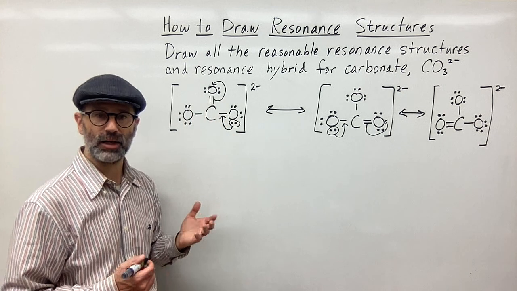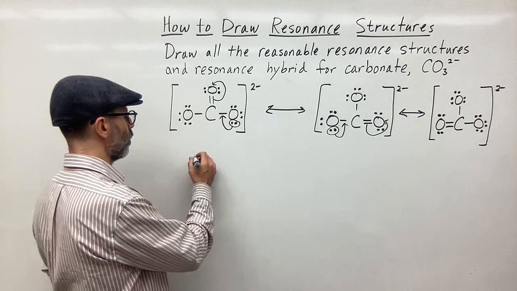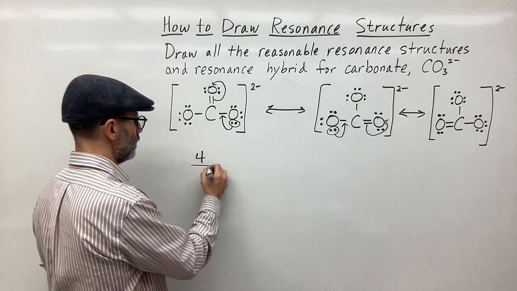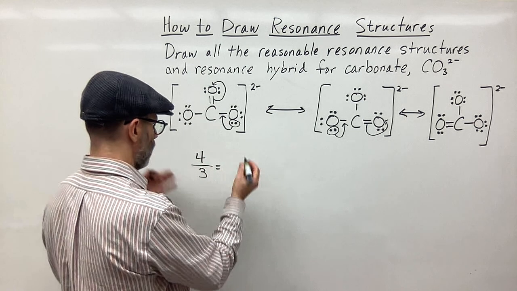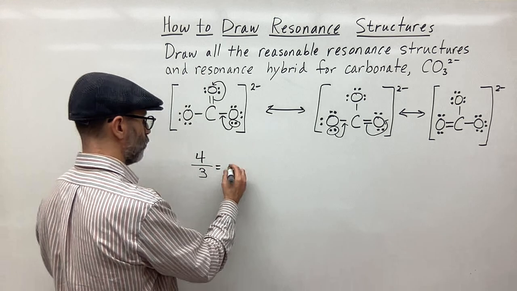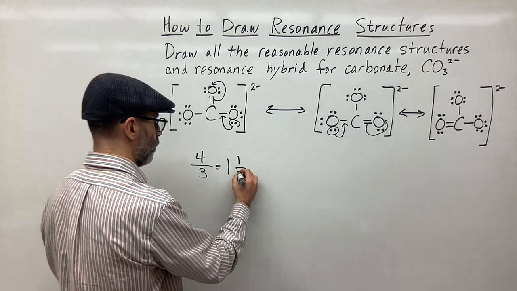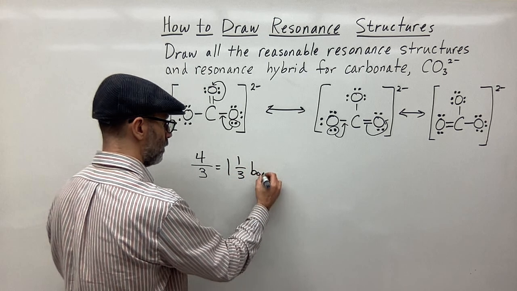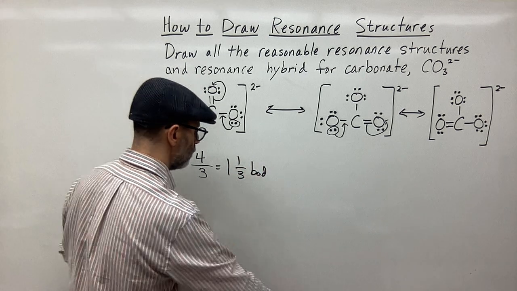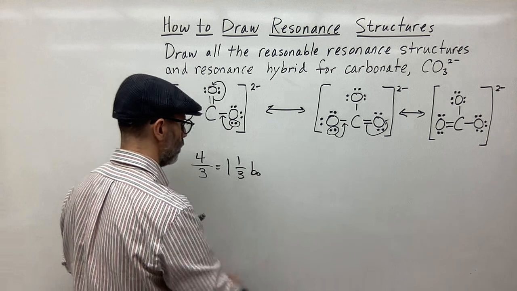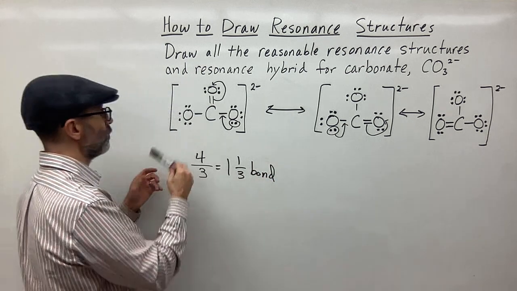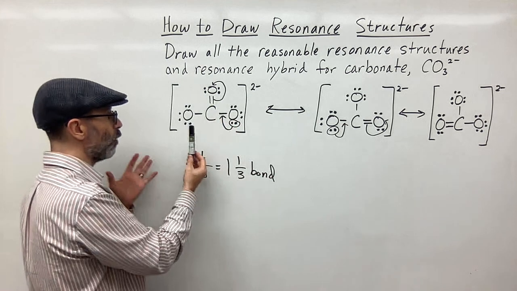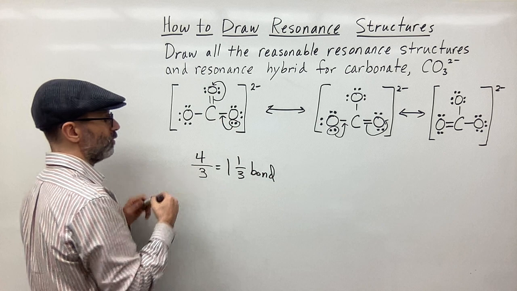We have 3 atoms. So four bonds divided by 3, and the hybrid bond is going to be 1 1/3 of a bond. So each of these would be something like 1 1/3 bonds, right?